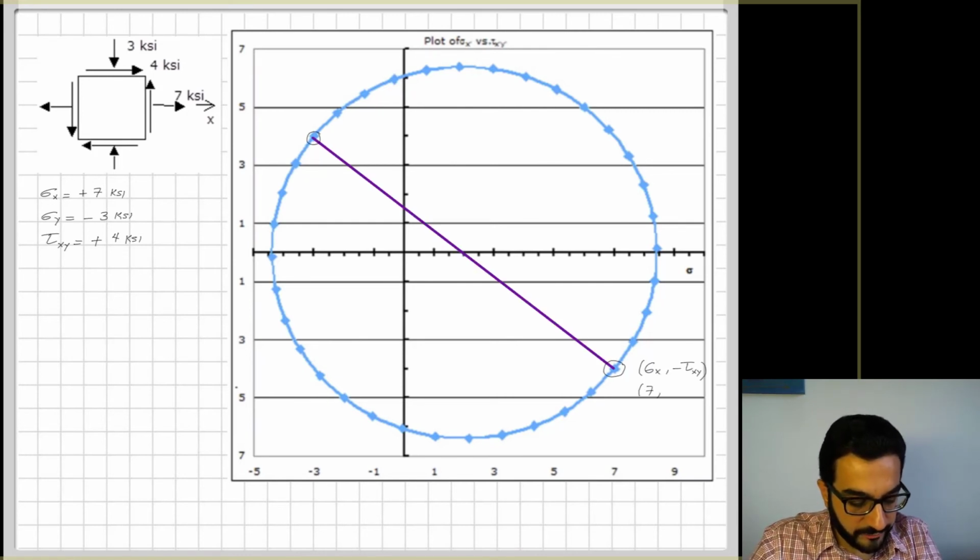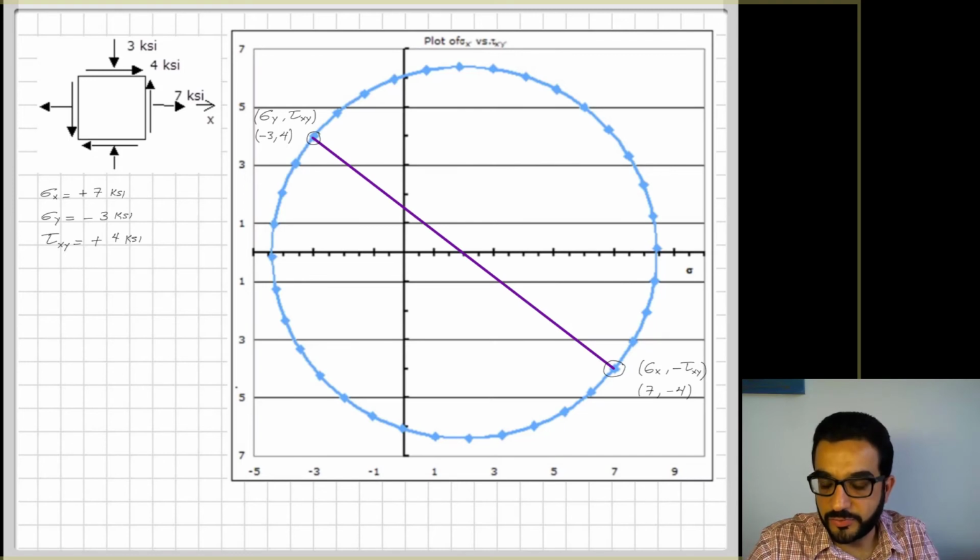And you can see here, if I plot sigma x and negative tau xy, and sigma y and tau xy, that will give me one diameter of the circle, and this diameter represents exactly that stress block that's given to us. It's just a representation of it.